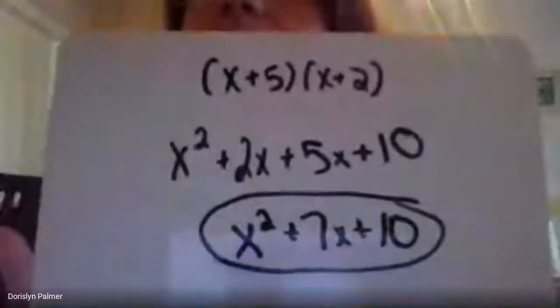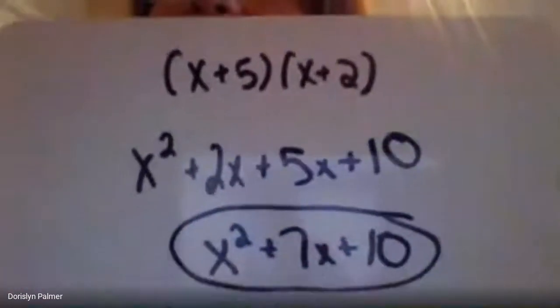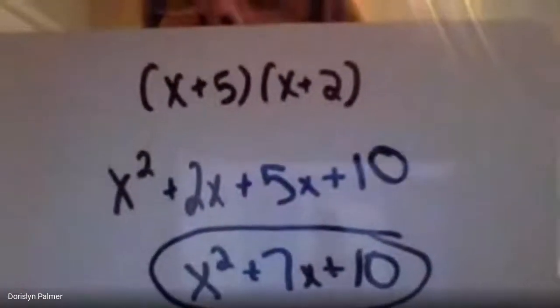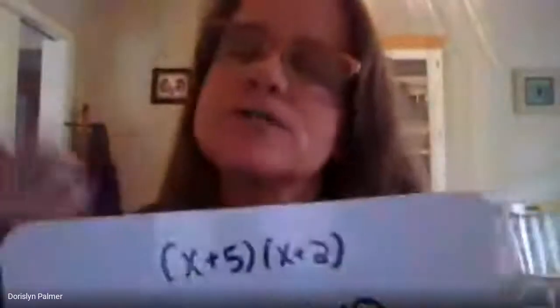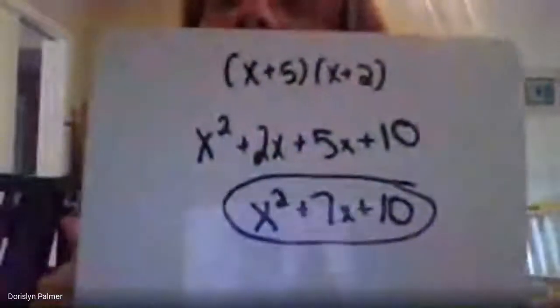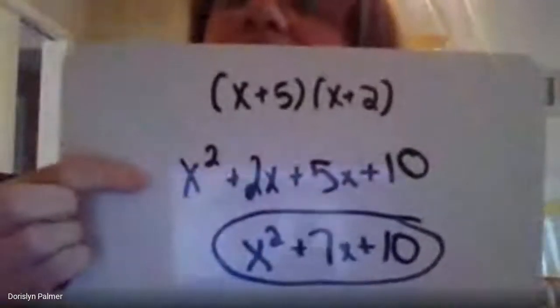Wait, 5 times 2, oh, 10. Sorry, I did 5 times 5. Good. X squared plus 7x plus 10. And there's where Abby did first, outers, inners, last. Eventually, when you do the foiling, you add those outers and inners in your head and skip the middle step. But for now, we're going to keep writing the middle step.